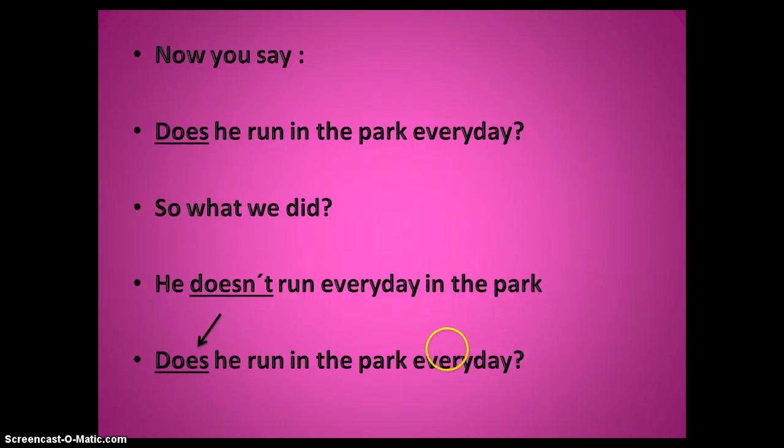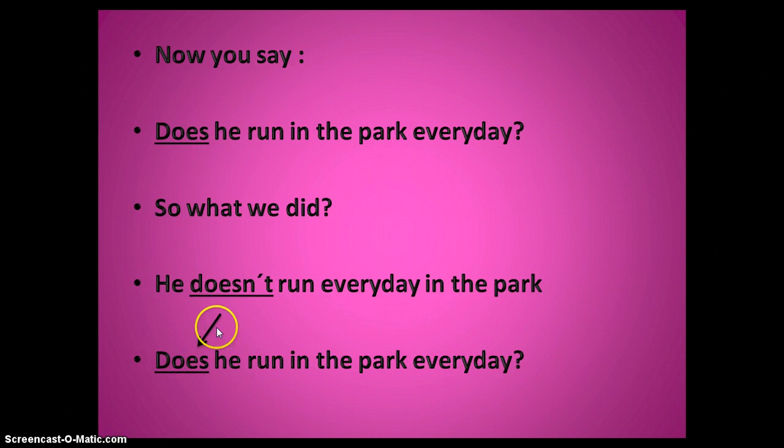So what we did, here is the explanation. Doesn't that goes after the pronoun now is changed to the beginning of the sentence, but in a positive way. He doesn't run every day in the park. Doesn't was changed to does. Does he run in the park every day?